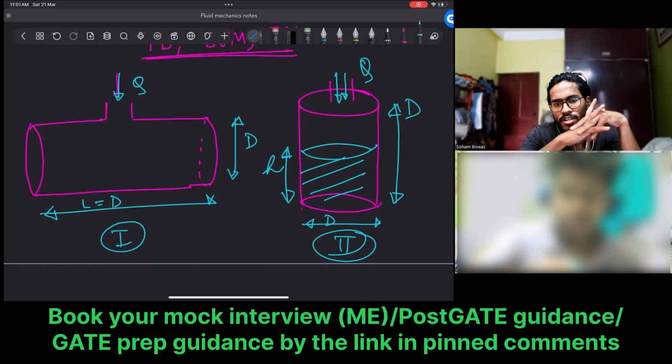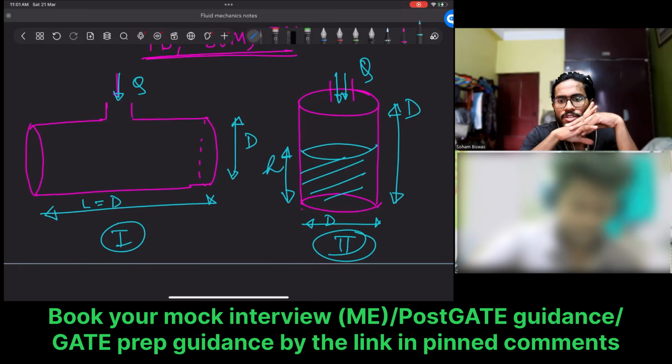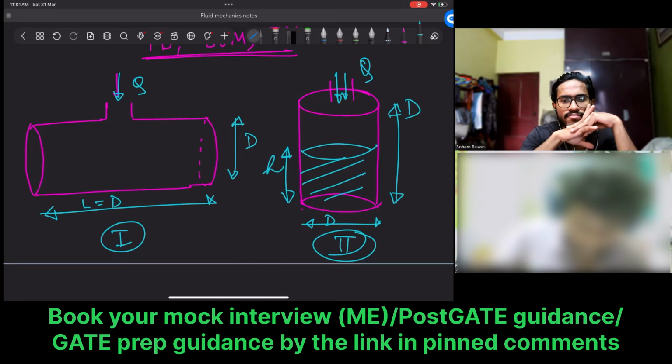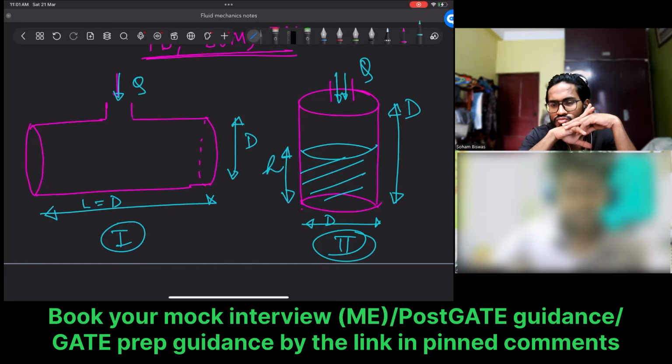Write the equation for Q, H, and A. dQ is equal to dV, that is A dH. And Q is equal to the area at that moment into the height being added, A dH. So Q is what? Q is the volumetric flow rate, right?